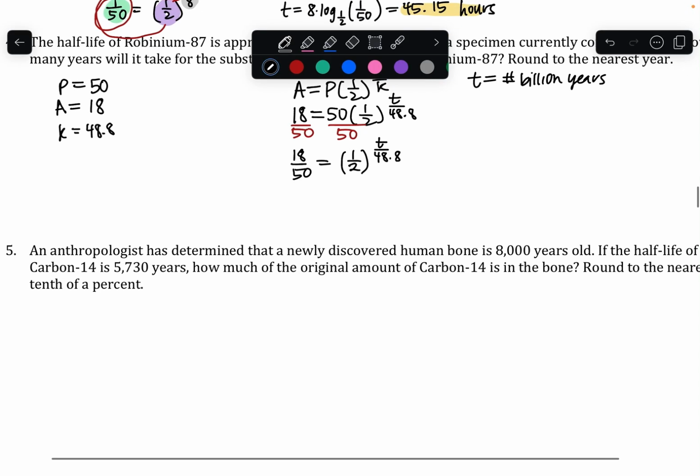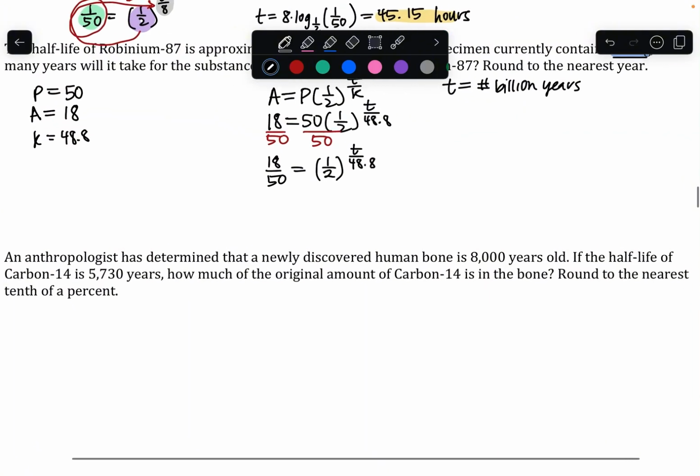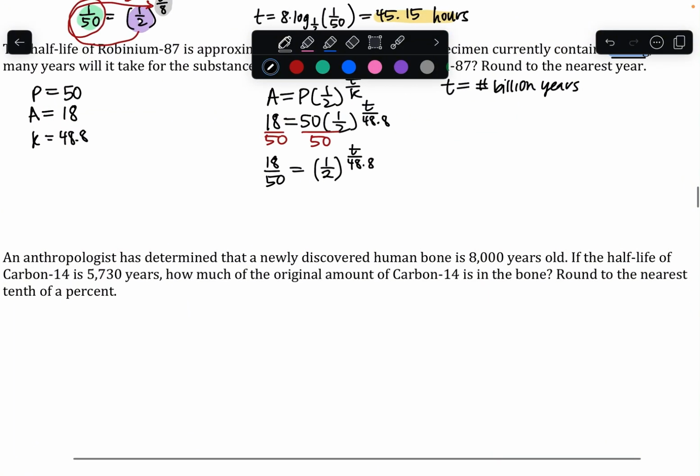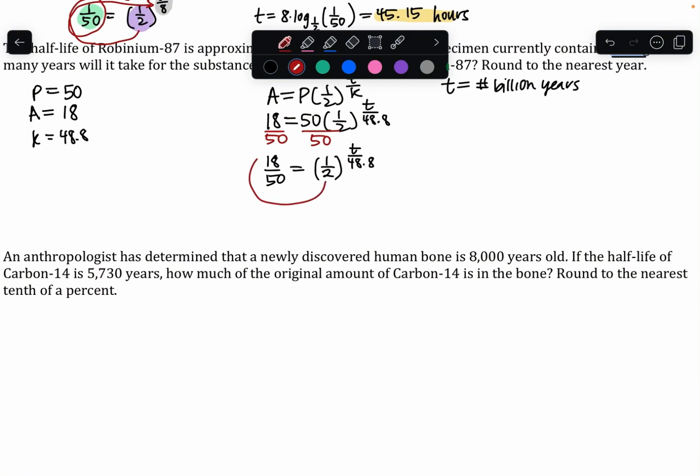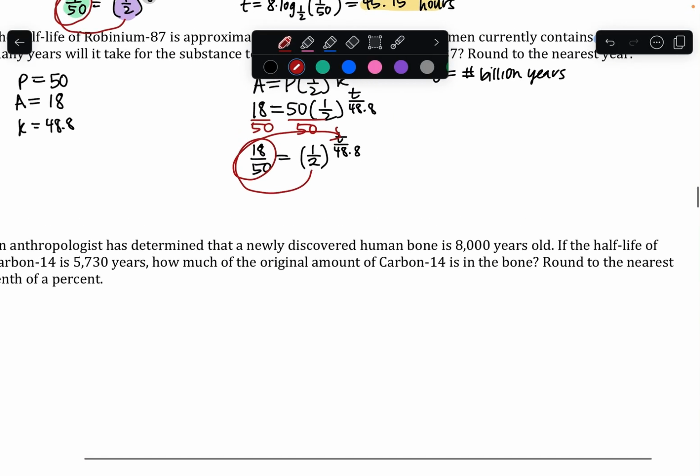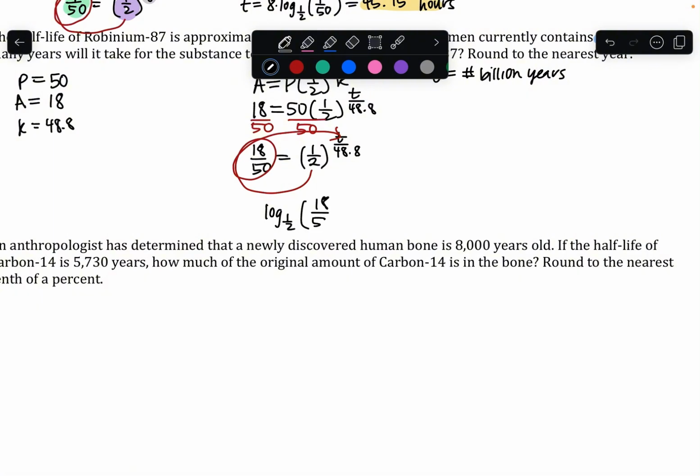Okay, now we have our exponent, we have our base, we have our answer. So we're ready to convert. Log base 1/2 of 18 over 50 equals that exponent. So log base 1/2 of 18 over 50 equals t over 48.8.